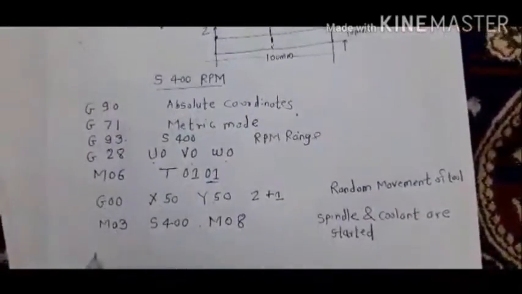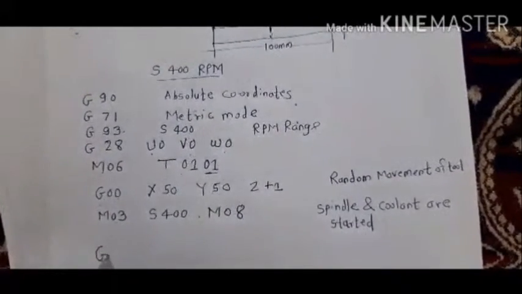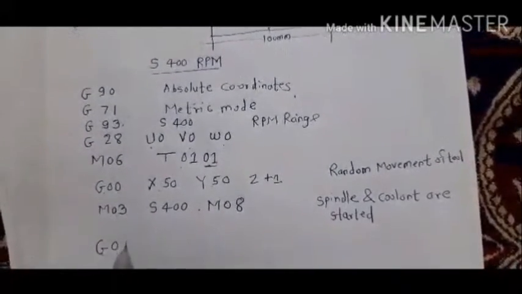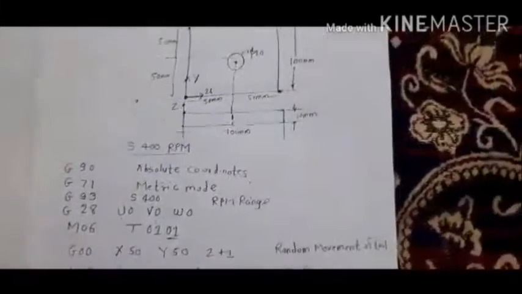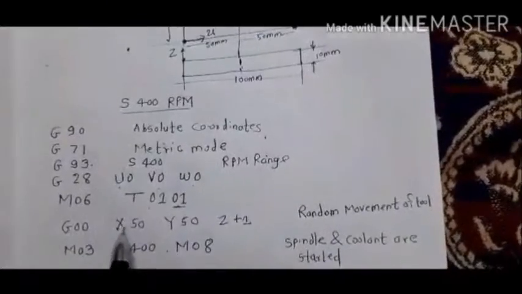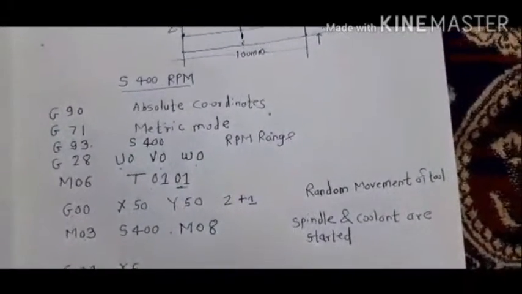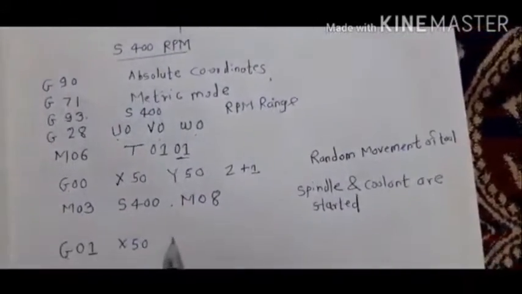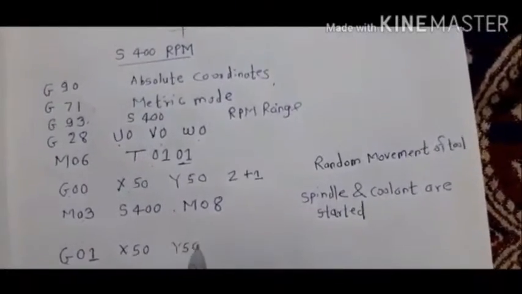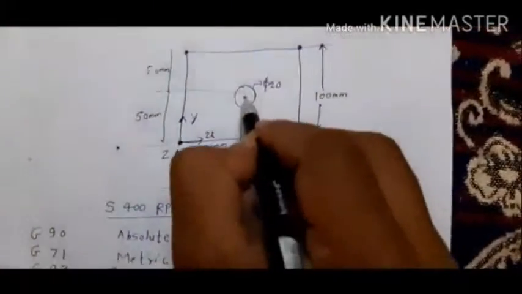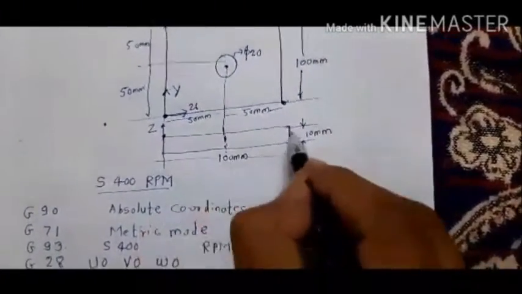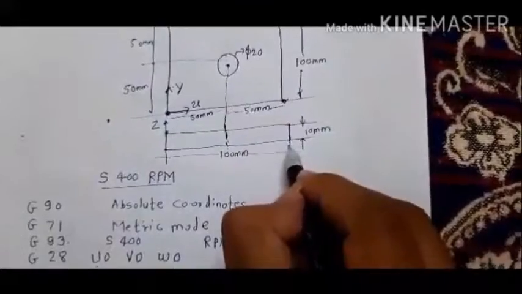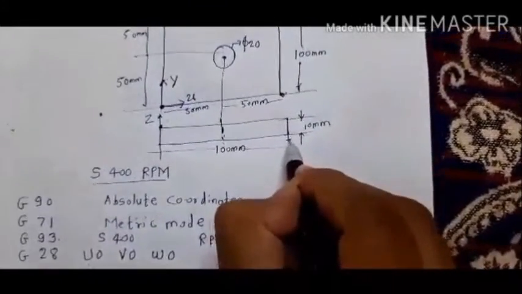Now the spindle and coolant are started. We will insert the tool by using the code G01. Now the G01 code is used. The X coordinate will remain the same. The Y coordinate will remain the same. But the Z coordinate will be Z -11. So the depth is 10 mm and Z is -11, means at this position.